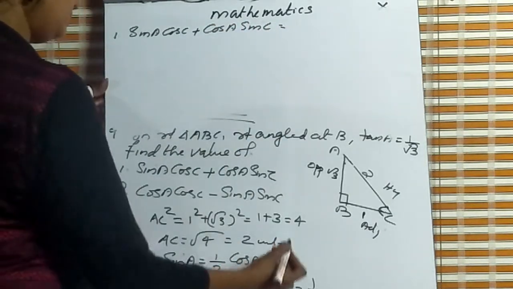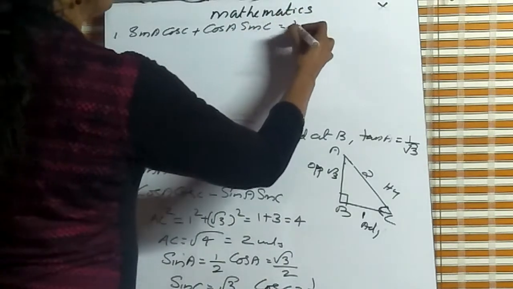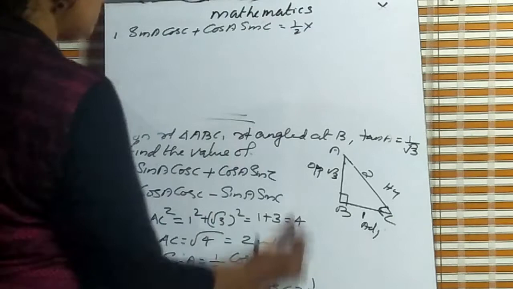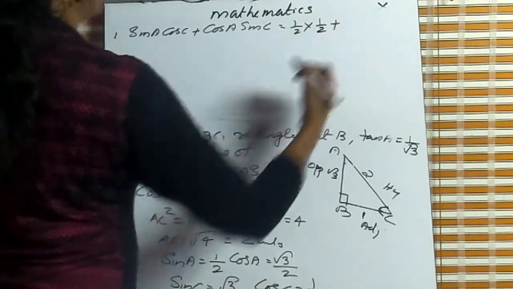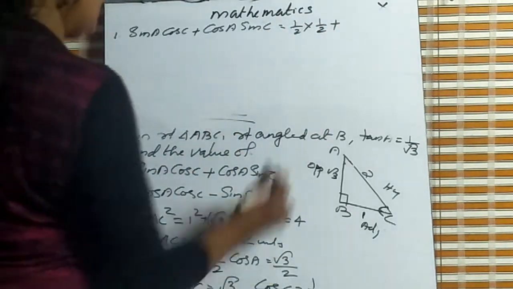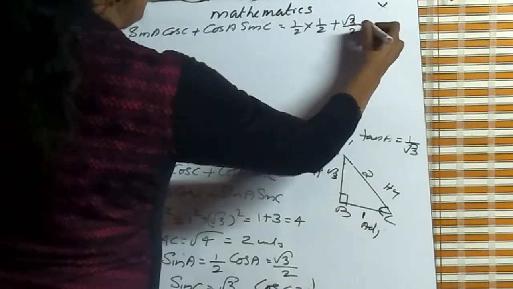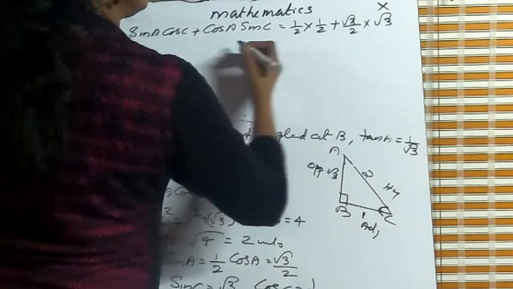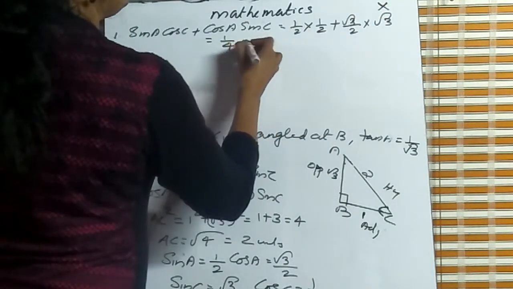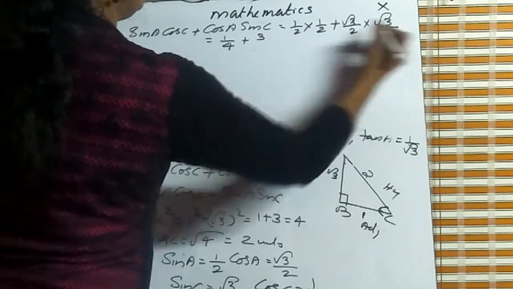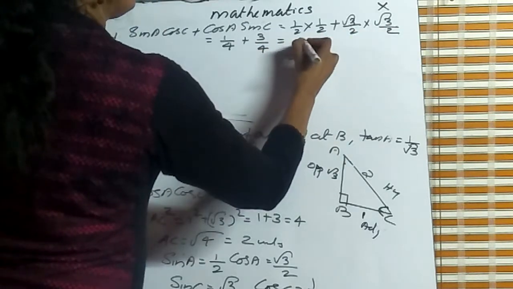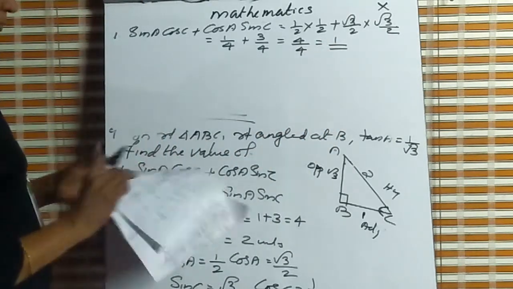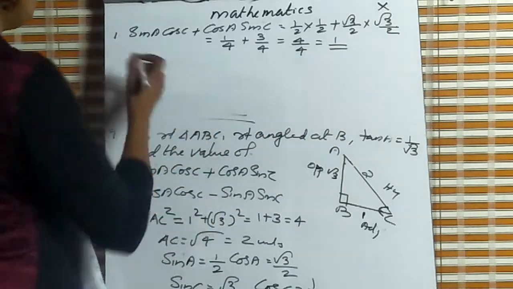Sin A is 1 by 2, into cos C is 1 by 2, plus cos A is root 3 by 2, into sin C is root 3 by 2, equals 1 by 4 plus 3 by 4, equals 4 by 4, which is equal to 1. Sin A cos C plus cos A sin C is equal to 1.